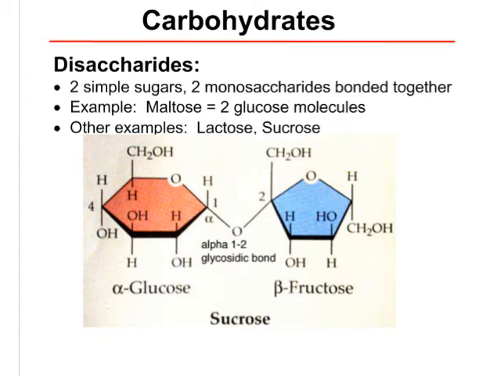An example, maltose. Maltose is a sugar that is made of 2 glucose molecules bonded together. Other examples of disaccharides would be lactose and sucrose. Here is an example of sucrose. Here's the actual molecule of sucrose. It would be a glucose molecule and a fructose molecule bonded together.